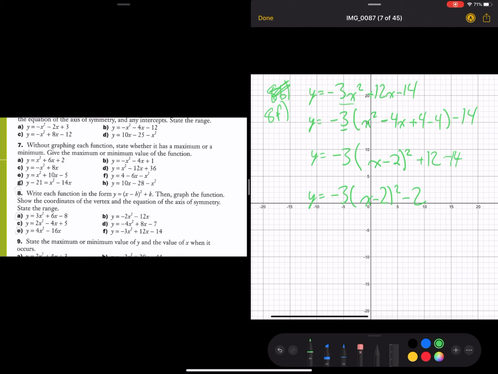So basically, our vertex is 2, minus 2. Our axis of symmetry is x equals 2.